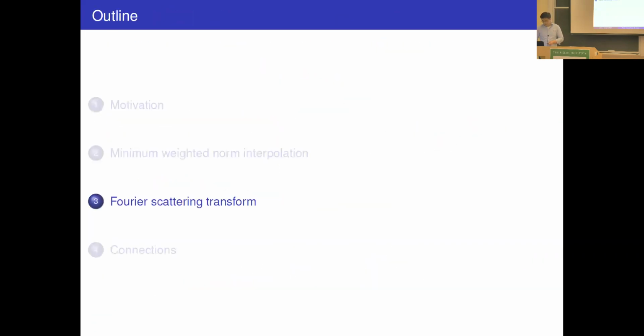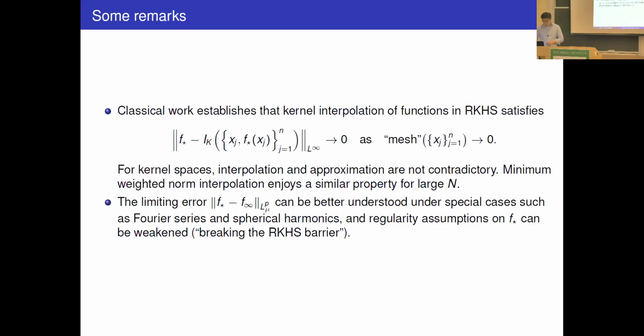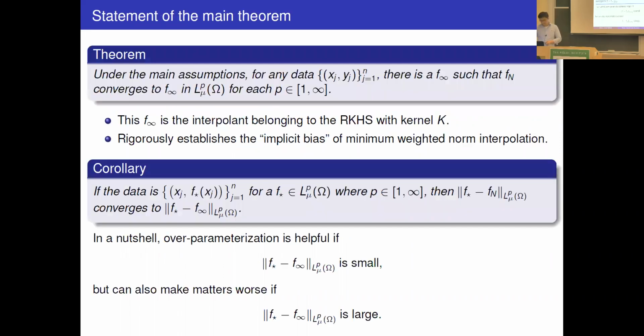Yes. And it seems that you have the F star function, and maybe it belongs to a certain space of functions. And the F infinity is a function from the F star to the F infinity. One can think of it this way.